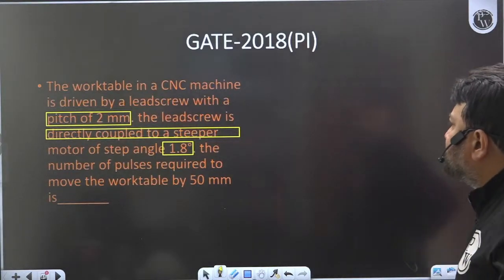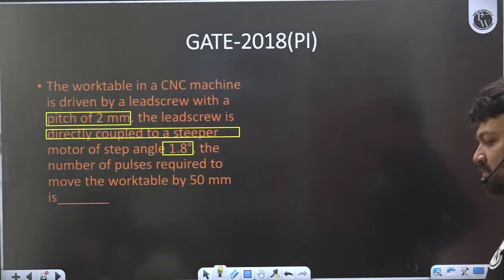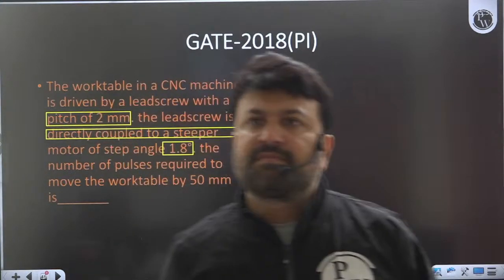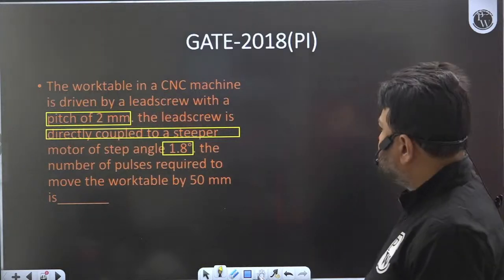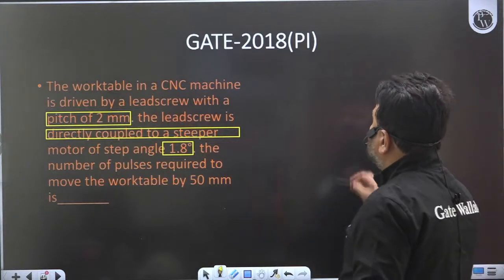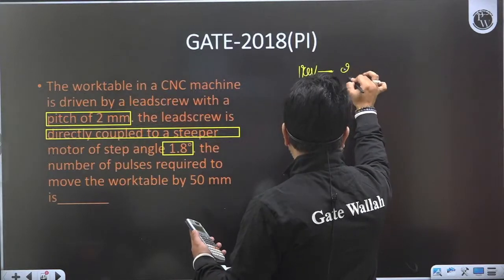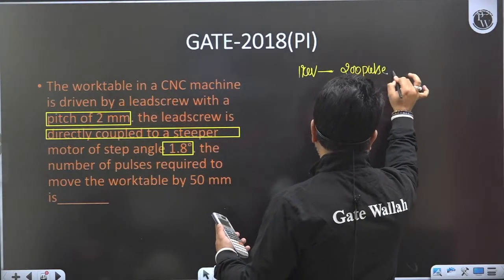Now tell me the answer. So for one revolution, we need how much? 200 pulses.